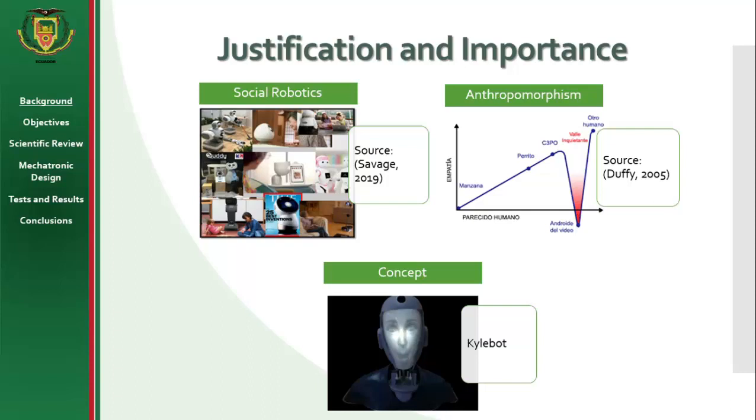This has allowed the head to have a size very similar to that of a middle-aged human, thus avoiding the use of large projectors that greatly impaired the aesthetics and anthropomorphy of previous developments. Then, basing ourselves on social robotics and in order to have an acceptable anthropomorphism, our concept is Kylie.